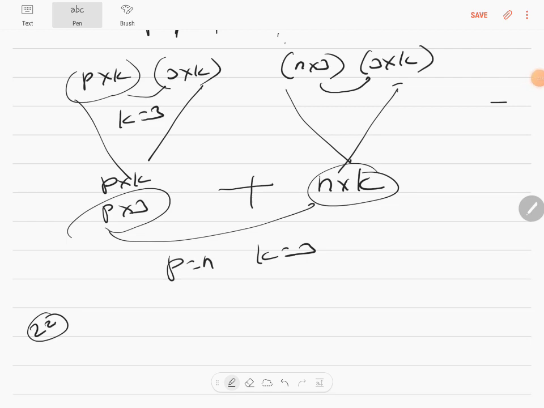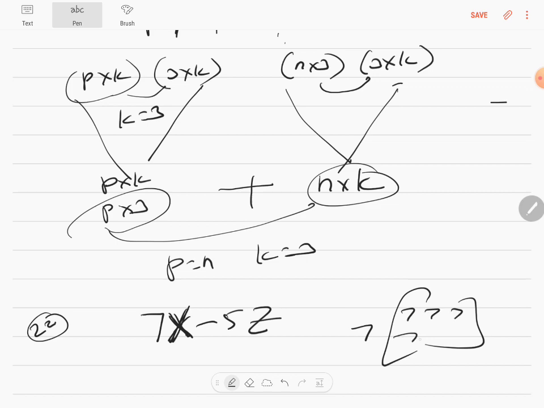So the next question is the 22nd question, where if n is equal to p, they're asking about the matrix 7x minus 5z. You know the matrix is x. And merely multiplying a matrix by 7 means the 7 will get multiplied throughout inside but doesn't change the order of the matrix. A matrix Z multiplied by 5 means the 5 is getting multiplied throughout inside the matrix.